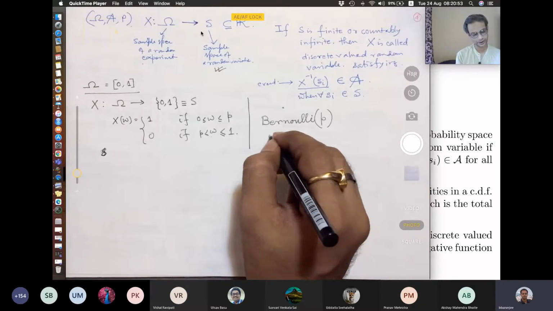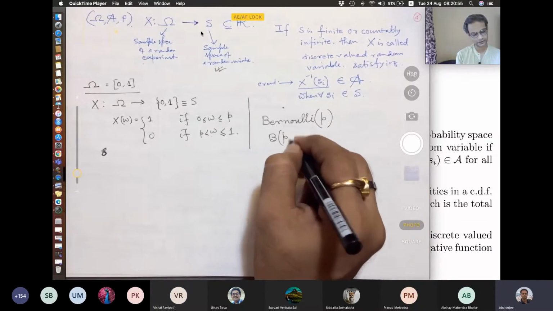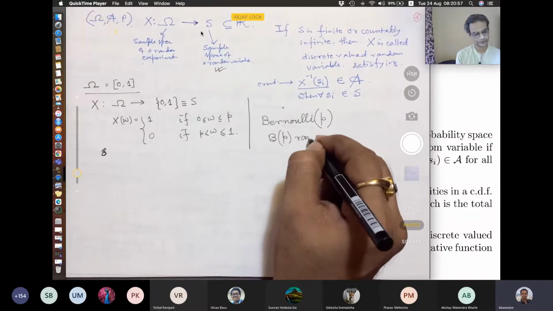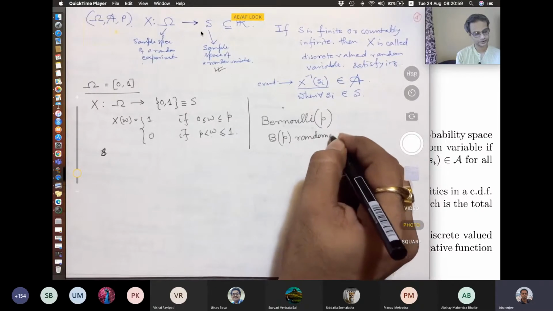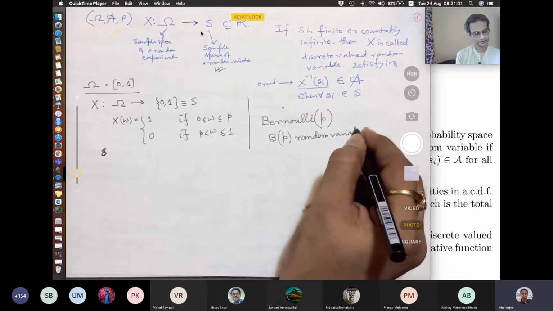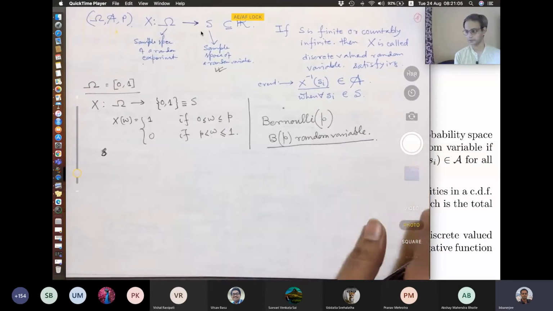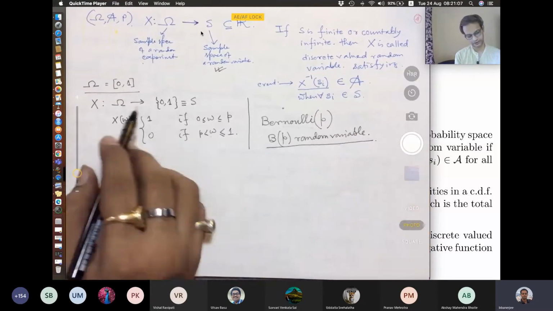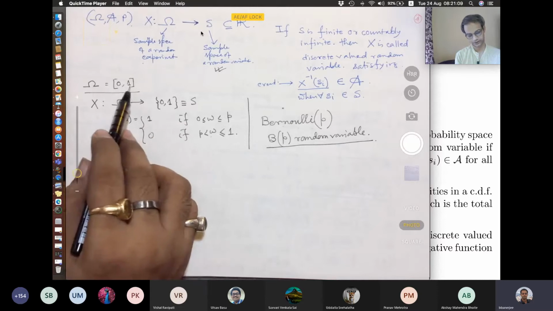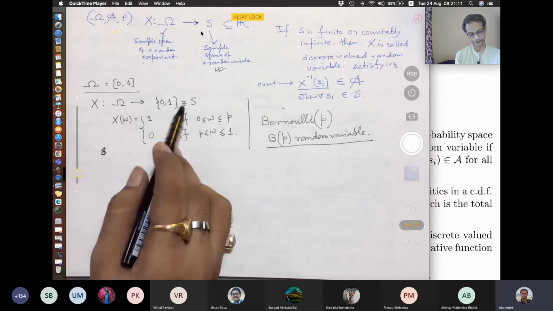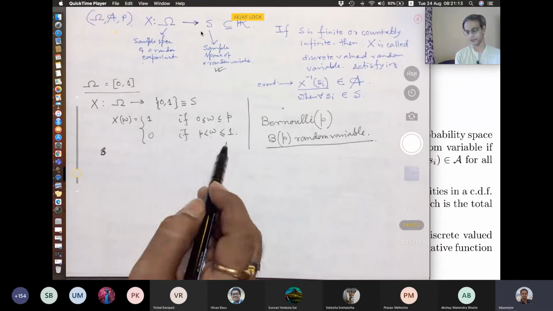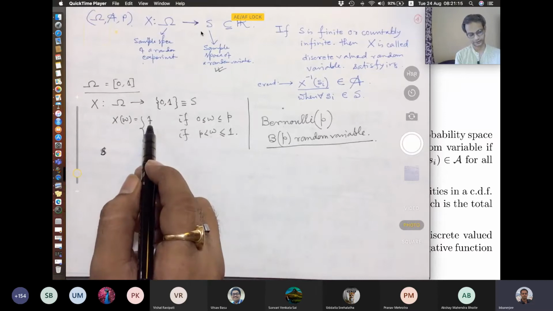Or often we write in this way, B(p). So here you can see that this set 0 to 1 is discretized into two parts, and one part is taking value 1.